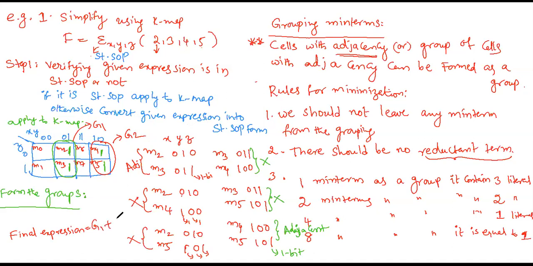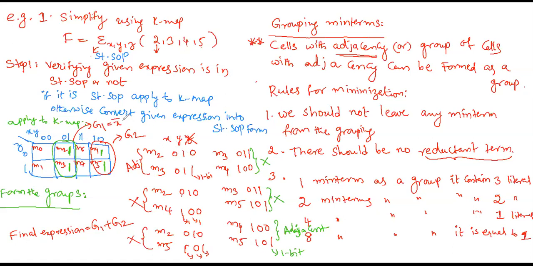G1 plus G2. But what is the G1 expression? G1 expression: the values which differ, strike off that value completely. In the M2, M3 group, the Z value is differing, so completely strike Z. Remaining is X, Y. X value is 0; if the X value is 0, we need to write it as complement.